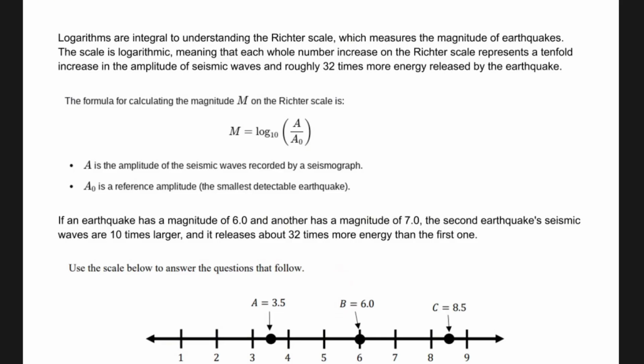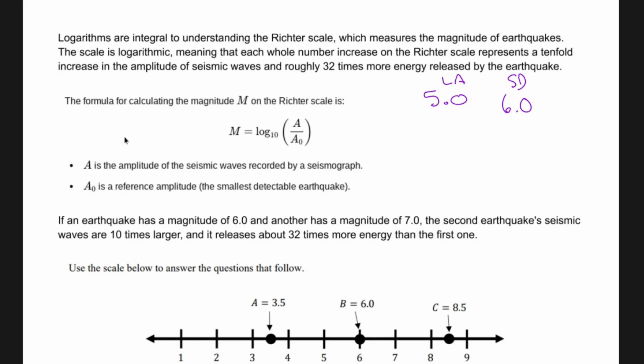Hold on. So if I tell you that Los Angeles had an earthquake at 5 and San Diego had an earthquake that was 6, that this is 10 times more powerful? Yes, it is.